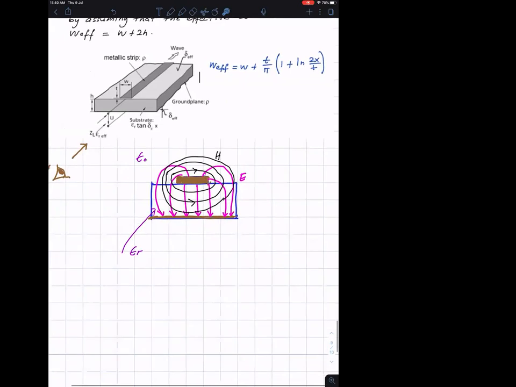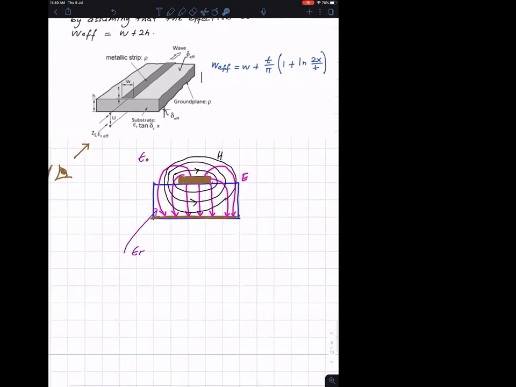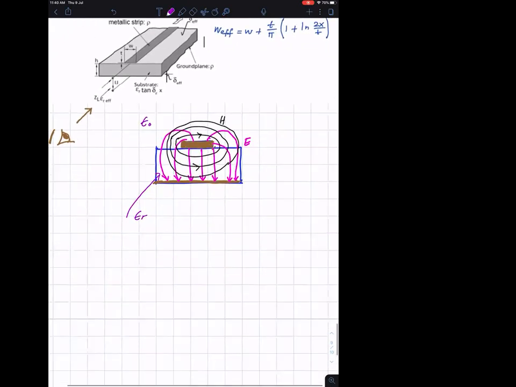If you want just the effective dielectric formula, it is epsilon r plus 1 divided by 2, plus epsilon r minus 1 divided by 2, times 1 over the square root of 1 plus 12 d over w.